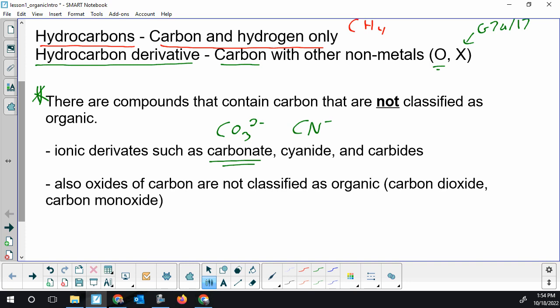And carbides are metals plus carbon. And then there's another bullet. All the oxides of carbon aren't considered to be organic. So you have carbon dioxide and carbon monoxide. Okay. Sort of everything else you're going to see with carbon is deemed to be classified as organic.